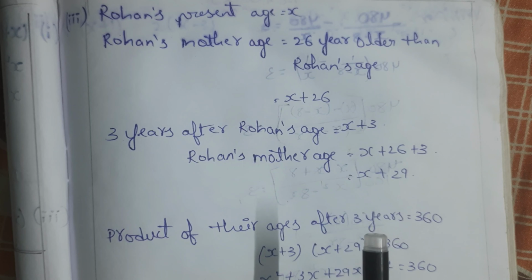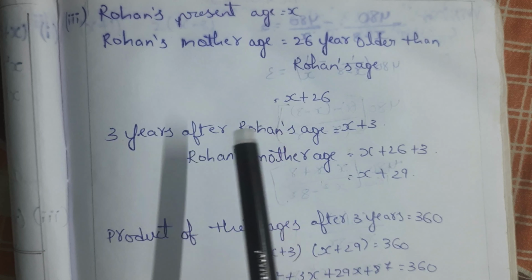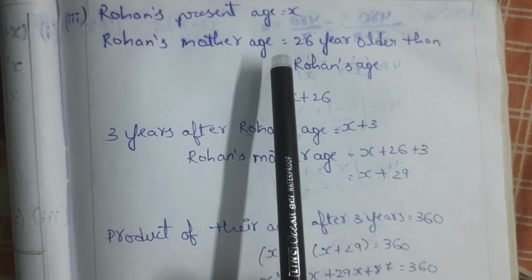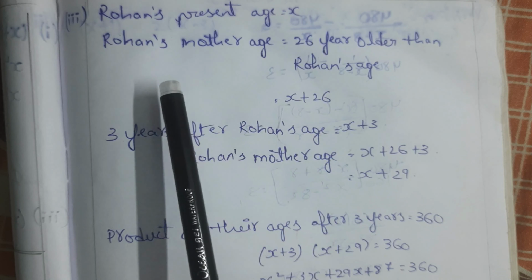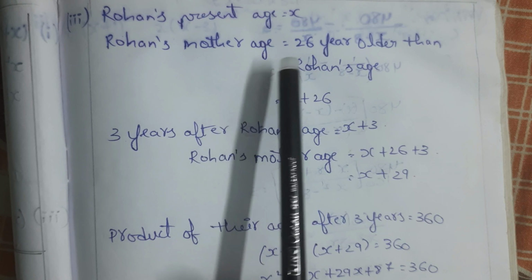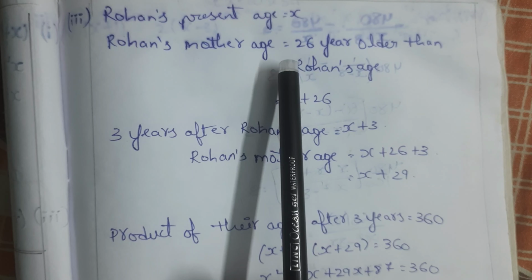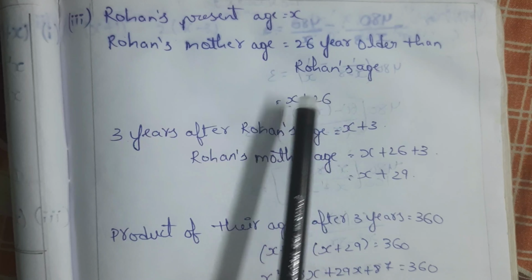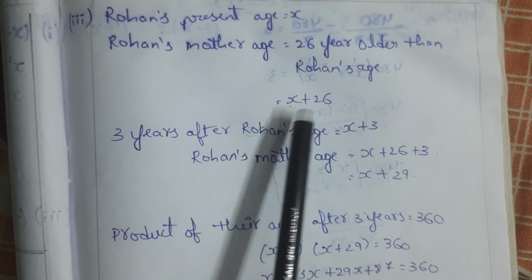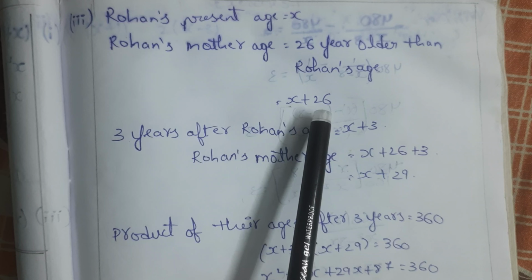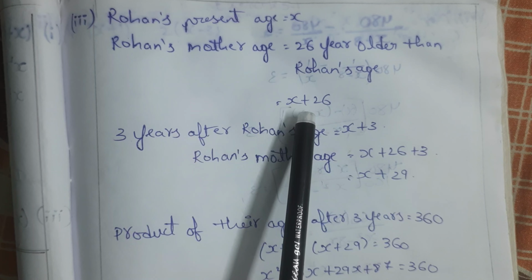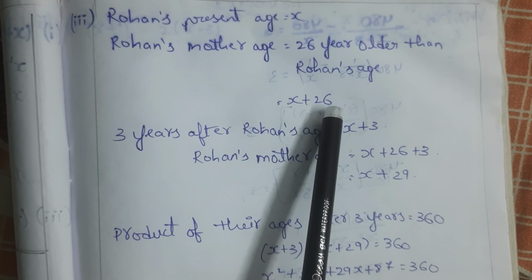So how am I doing it, watch once. Rohan's present age is say x. Of course, no need to write years. Rohan's mother's age is 26 years older than Rohan's age, so you need to add: x plus 26.